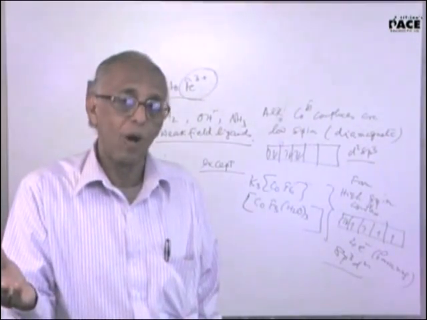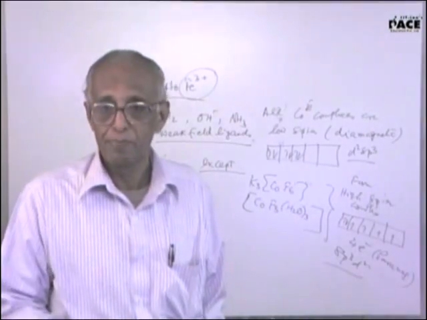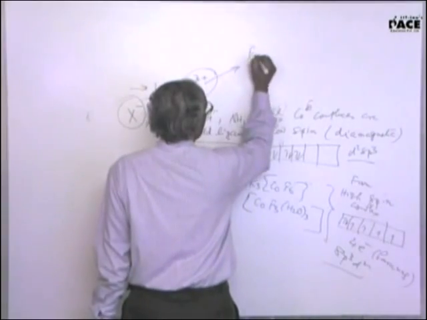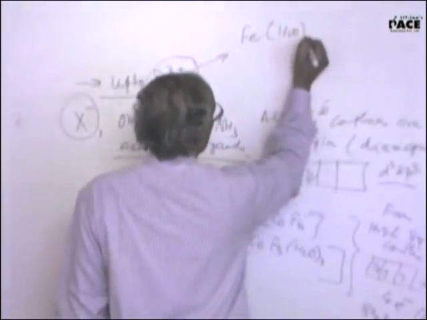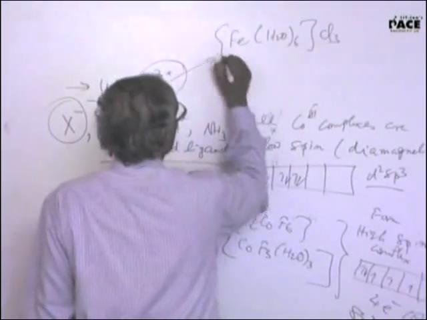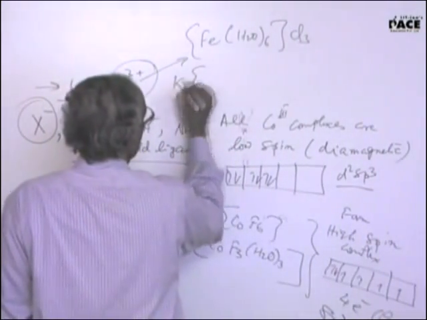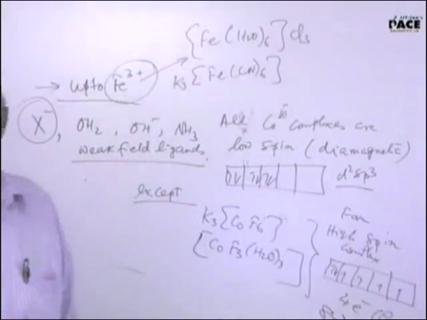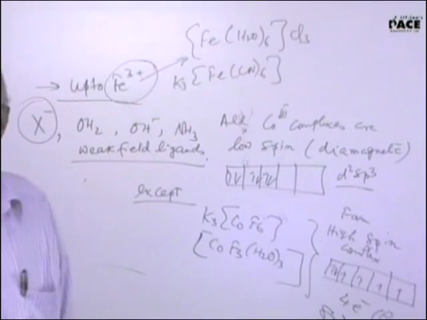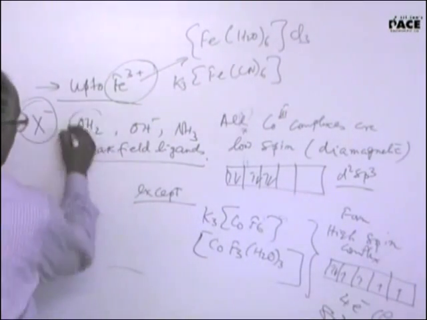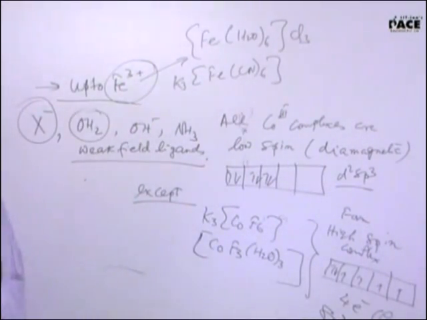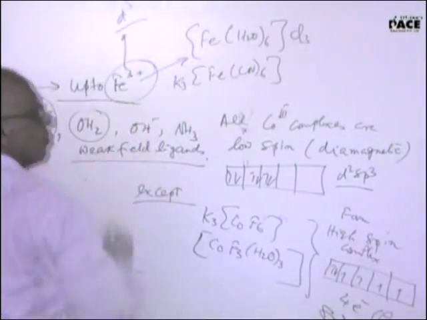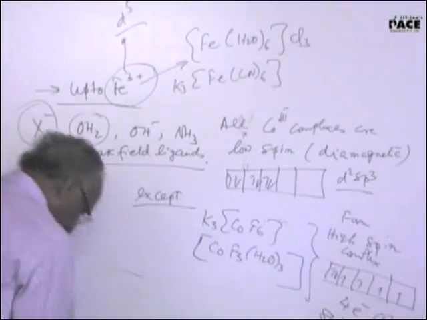Now, unless you have an odd number of electrons, like d5. Ferric. In this case, you see, water is a weak field ligand up to iron 3. Iron 3 is d5.